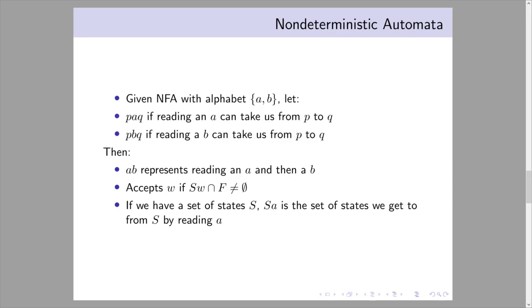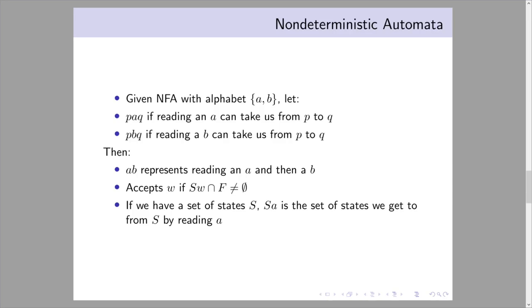In the non-deterministic case, reading a particular character can take us from one state to any of a number of states, possibly an empty list of states. And so again, we can think of these characters as generalized functions that take in an input and have a set of possible outputs.